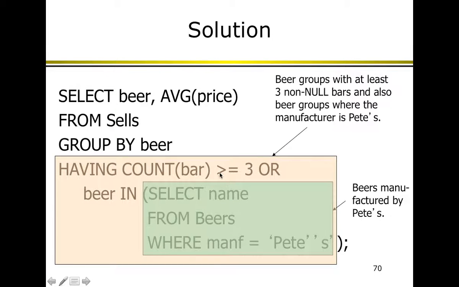Having count bar larger than or equal to 3. That's not too bad. Or the beer is going to be in select name from beers where the manufacturer is equal to Pete's. Group by beer from sales, and we're selecting the beer, comma, average price. It's not so bad.